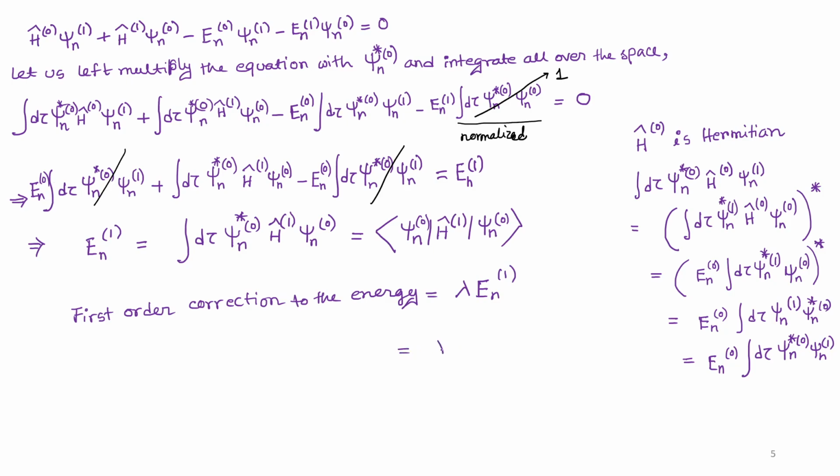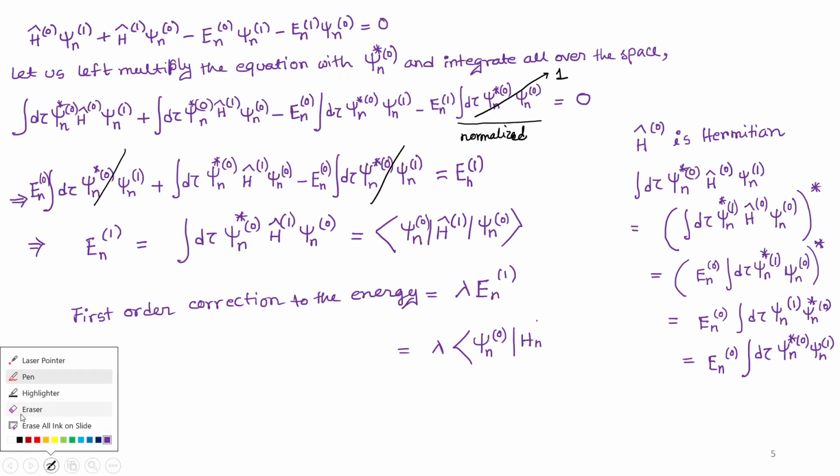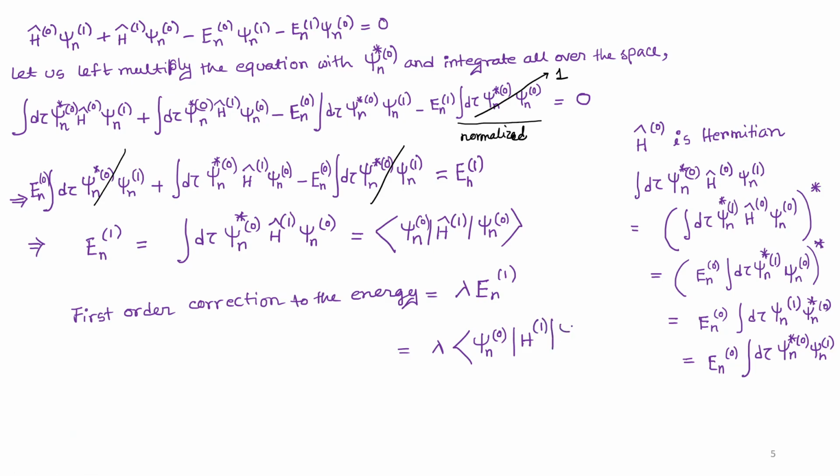That is lambda into psi n naught, H1, psi n naught, and lambda is small, very very small.